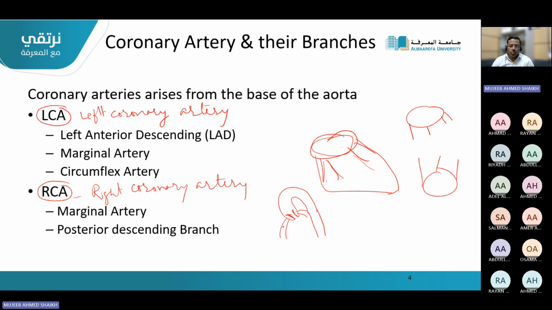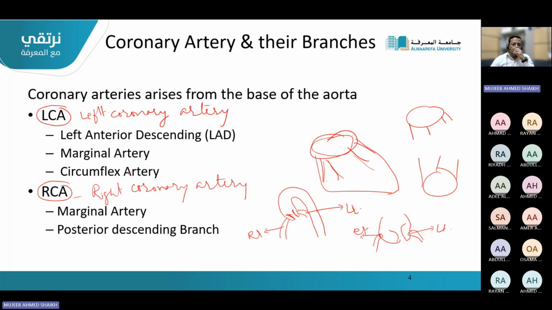This is the right coronary artery and this one is the left coronary artery, and they come from the aortic sinus. Like this it is coming. So this one is right, this one is left.